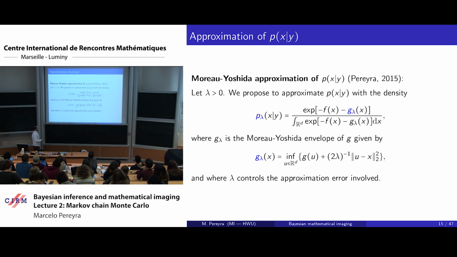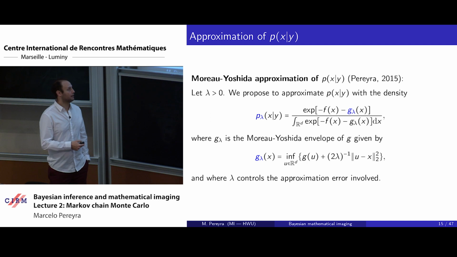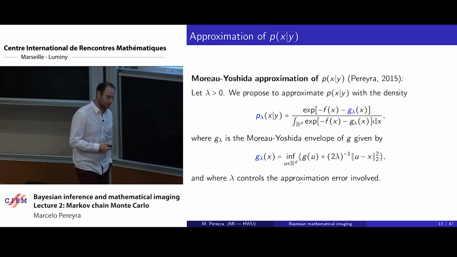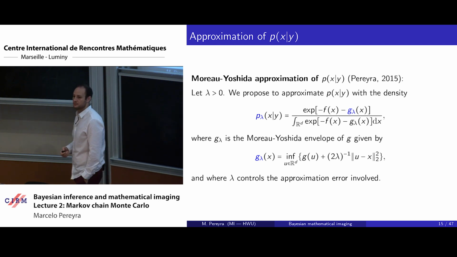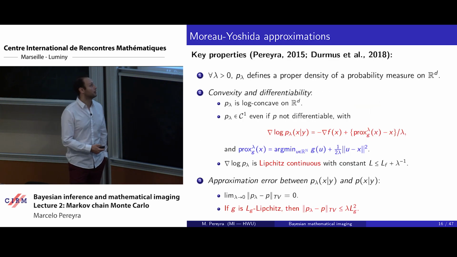We are choosing this strategy because it will have some beneficial properties, and lambda controls how much I approximate. If lambda is very small, then G lambda will be very close to the original G, and if lambda is very large, G lambda will become a bit different from G, so I will have approximation error, but I'll have something that is a lot smoother and a lot easier to explore with a Markov chain.